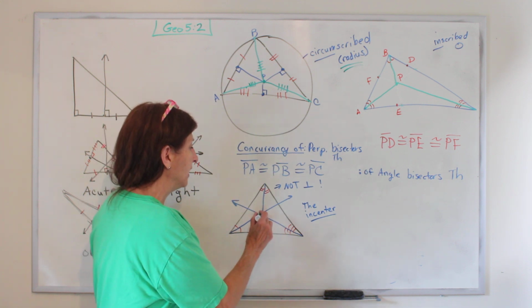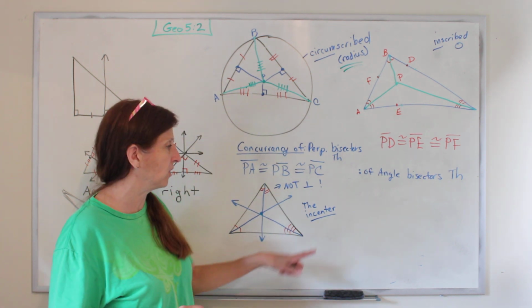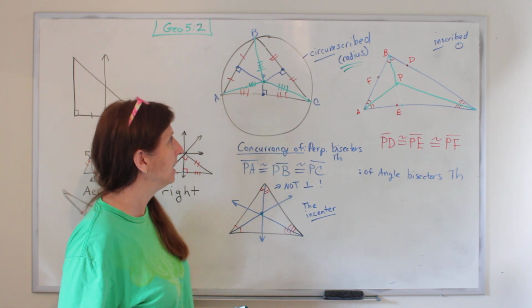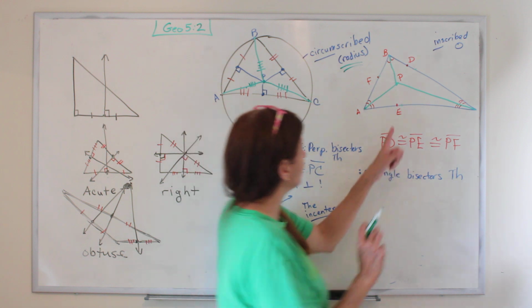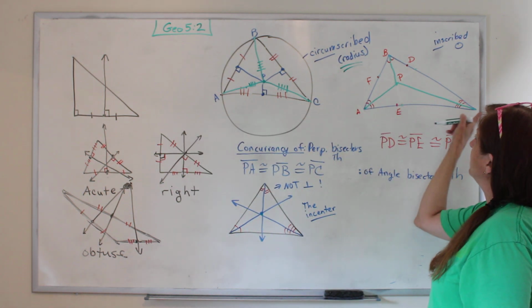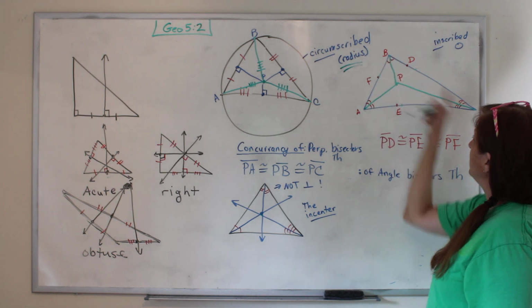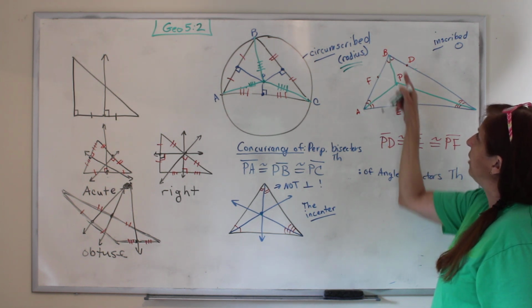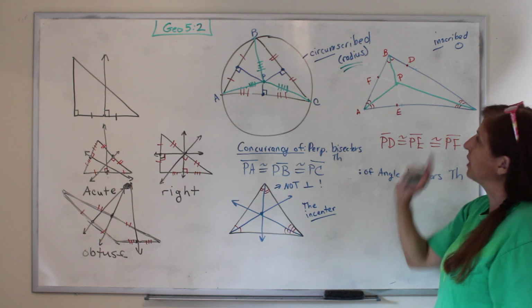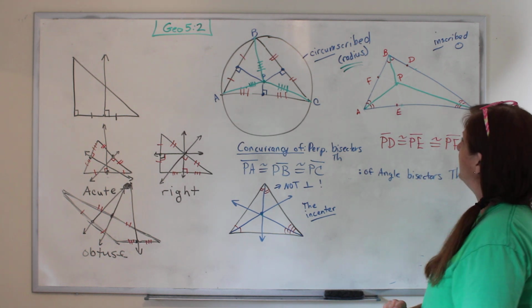They will meet in a point in the middle of the triangle called the incenter. All right? So now, here I've got a triangle that I've done this to. Each of the angles, A, B, and C, have been cut in half. They've been bisected, so each of these angles are the same, and they all met at that point P.